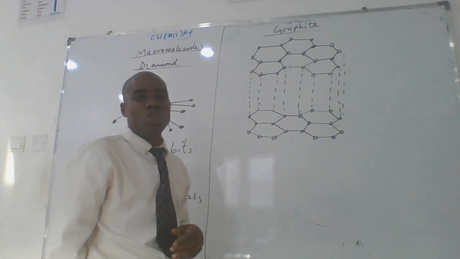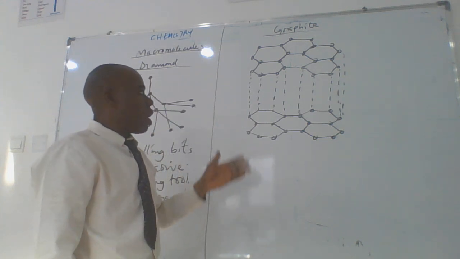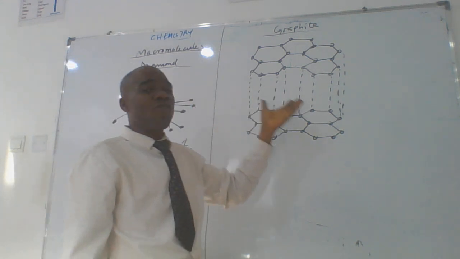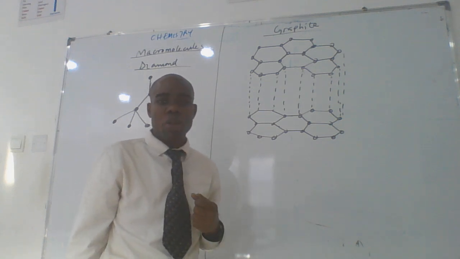This is the structure of graphite. Graphite forms a layer lattice structure.